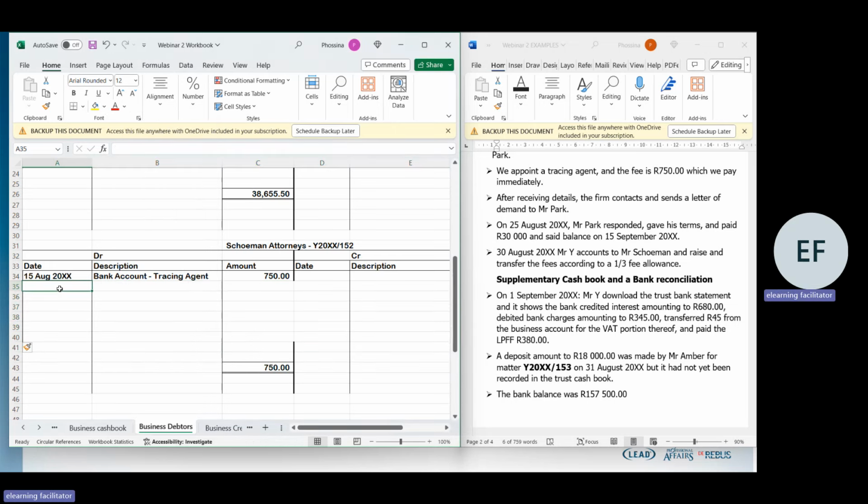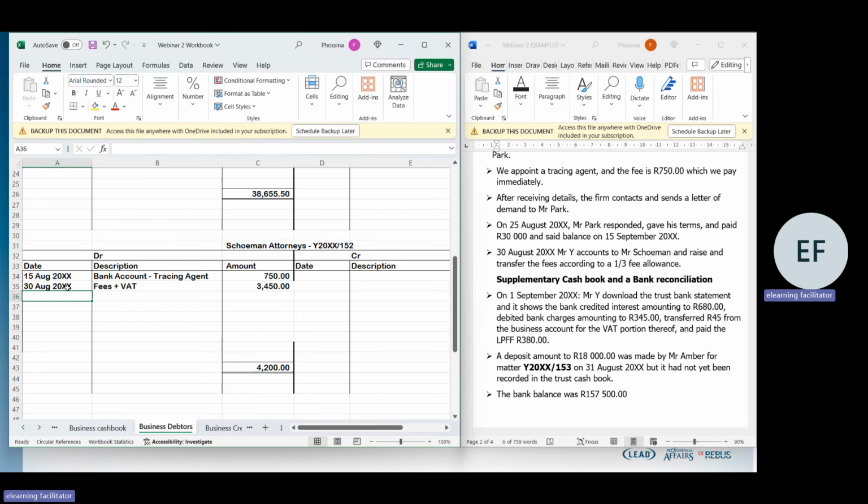So the first one, 30 August 20XX. It is our fees in total plus VAT. So it is collection 30,000 multiplied by 10% plus VAT, multiplied by 1.15.